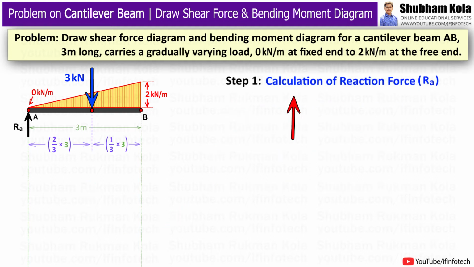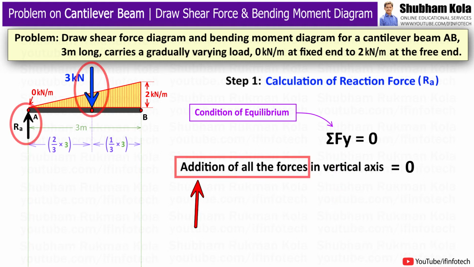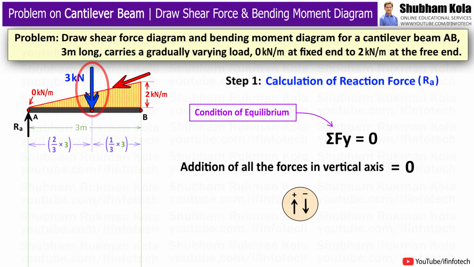In the first step, we have to calculate the value of support reaction force RA. So to calculate this value, I will use the condition of equilibrium, that is summation Fy equal to 0. That means addition of all forces in the vertical axis equal to 0. While doing the addition of all vertical forces, I will consider upward forces as positive and downward forces as negative.